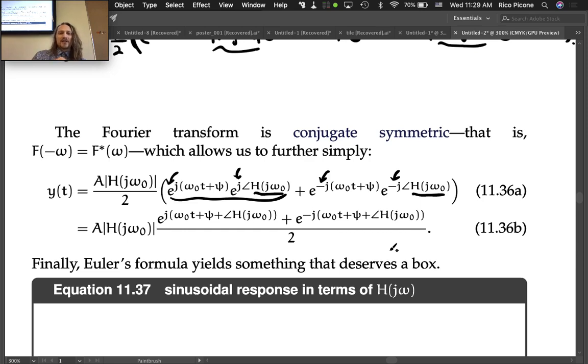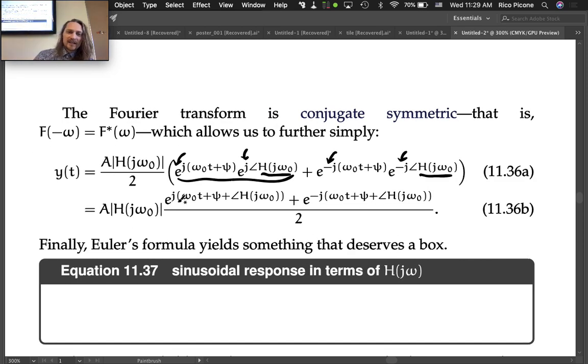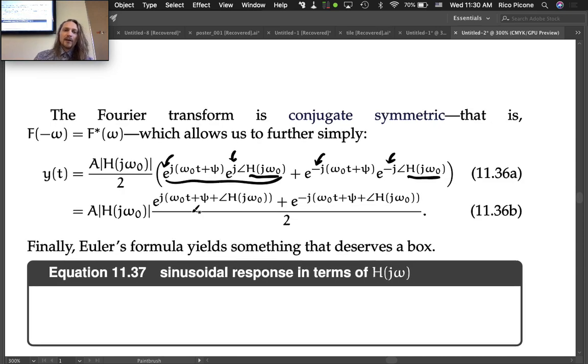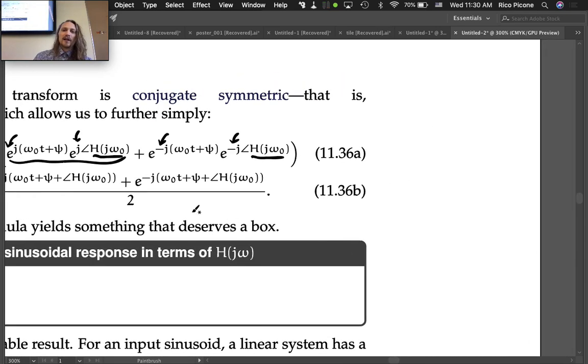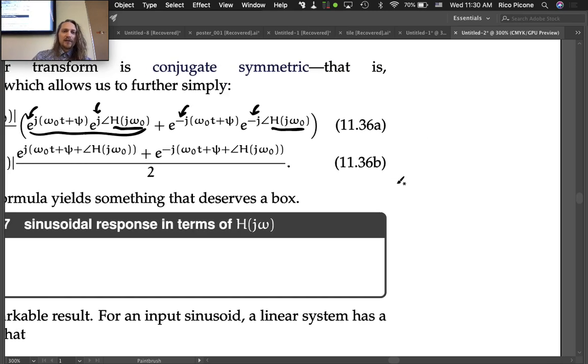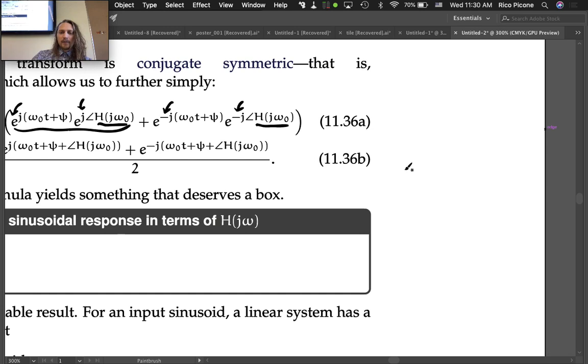But what's interesting is that one of the Euler formulas is that cosine of theta is equal to e to the j theta plus e to the minus j theta, divided by 2.